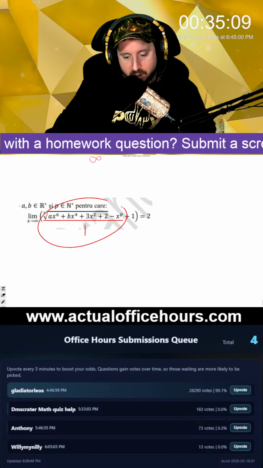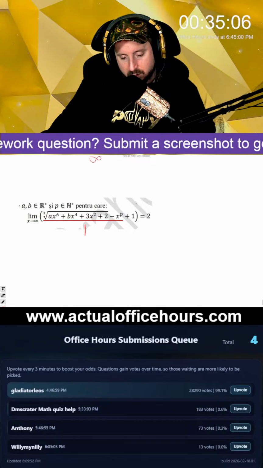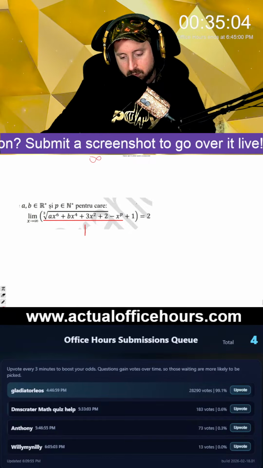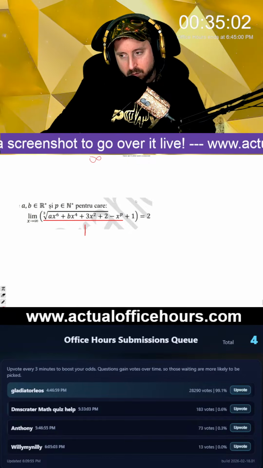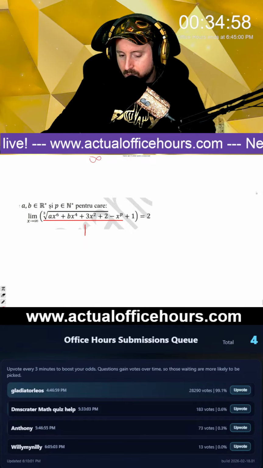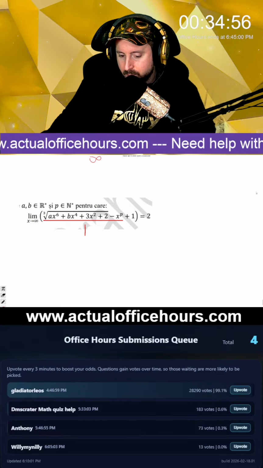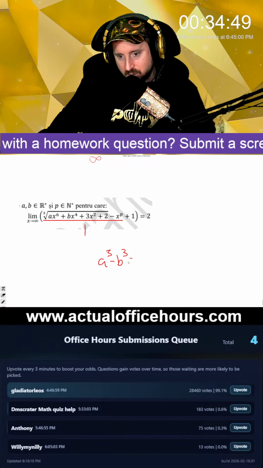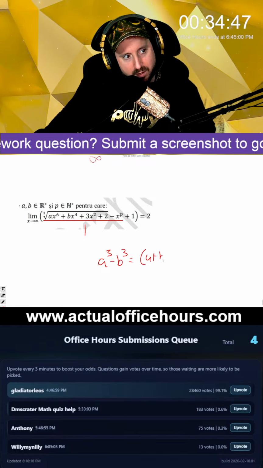And then I'm going to multiply by the conjugate of that. Wait, how's that going to work though? Oh, wait a minute. Okay, wait. I think I get it. A cubed minus b cubed I think is a plus b.